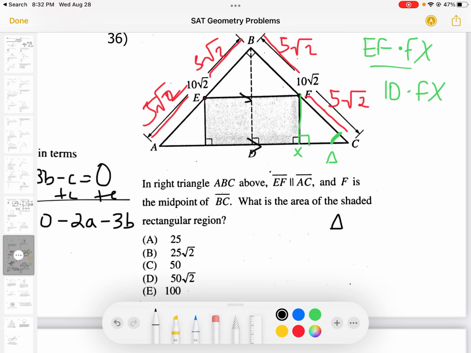So triangle CXF is similar to triangle CBA.